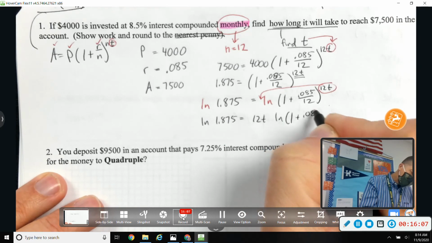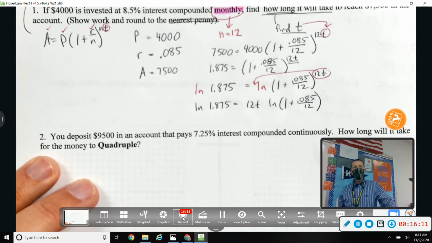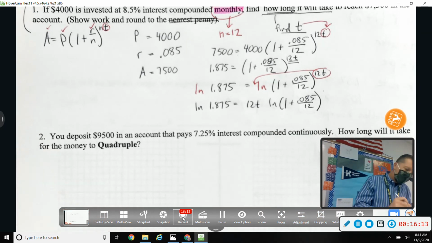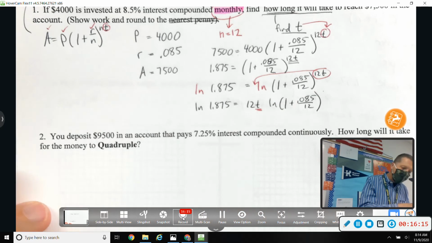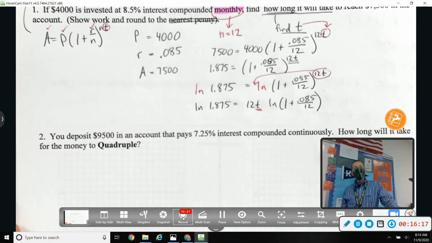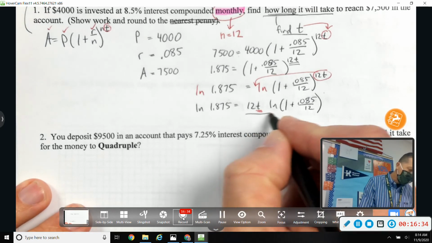Lots of writing, lots of ugly numbers. Okay, there's t. I'm trying to get it by itself, and I have 12 times t times some ugly number. But this is fine, I'm almost there. If I want to get t by itself, what could I do to undo the multiplication? Divide. So let's divide by everything that's not t.